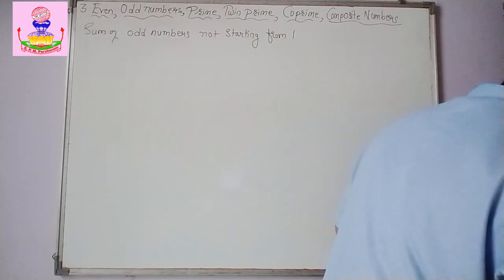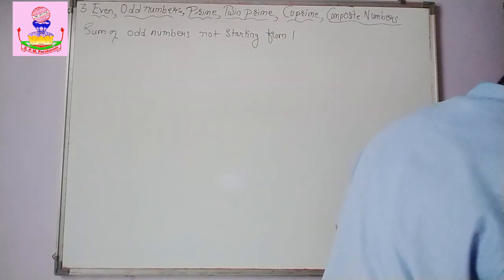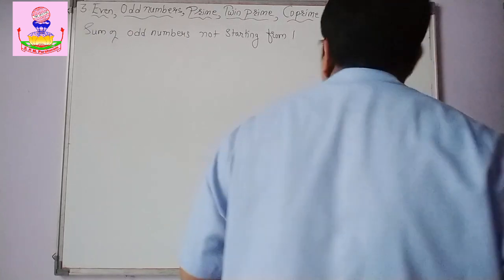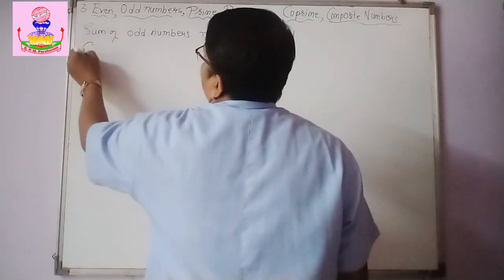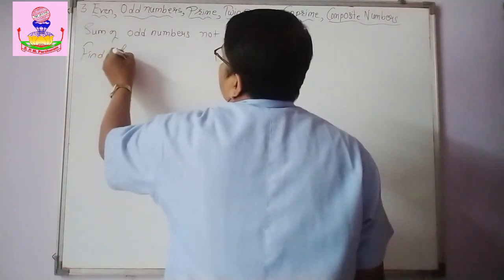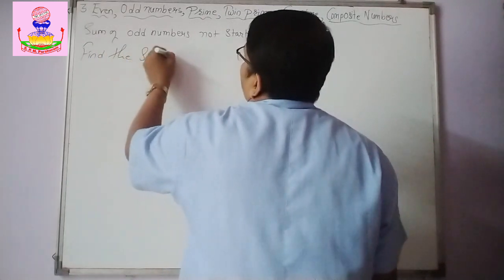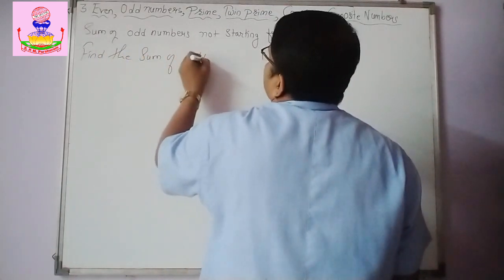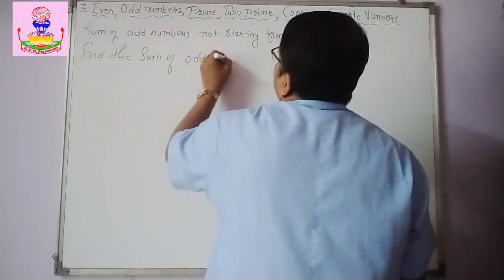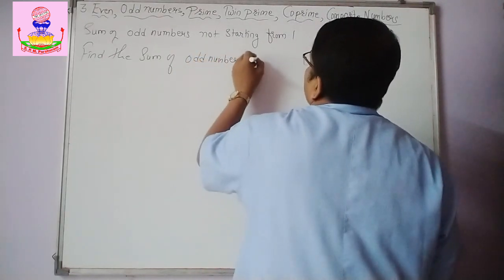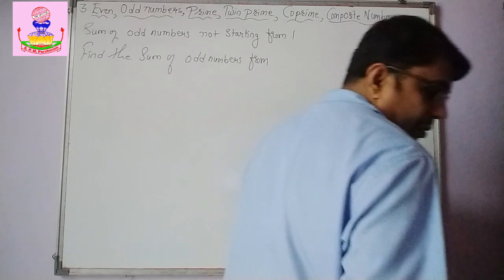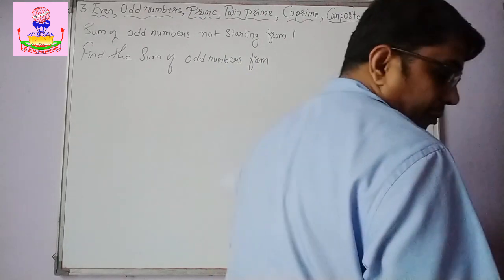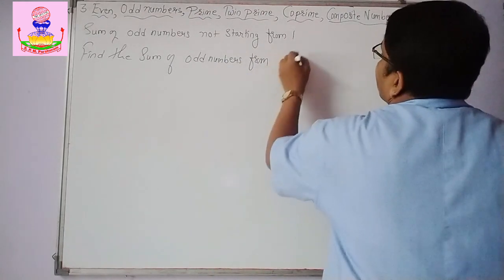For example, find the sum of odd numbers from 9 to 35.